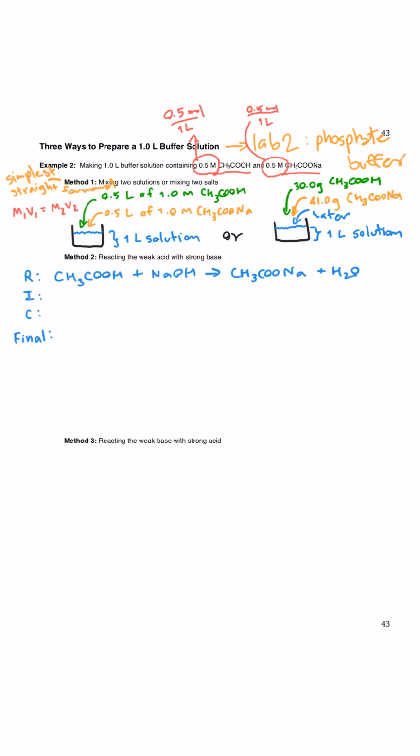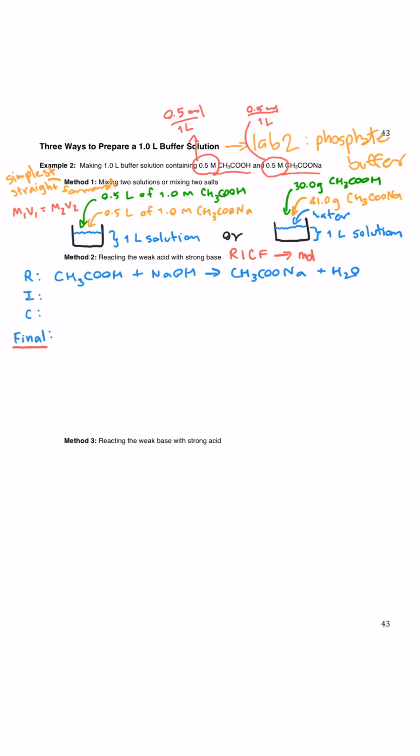The table that I set up here is not a RICE table, it's a RICF table. F refers to final, which in this case is the stoichiometric ratio. So that means the final will not be at equilibrium. Therefore, in this RICF table, the unit that you will need to plug in has to be in the unit of mole.